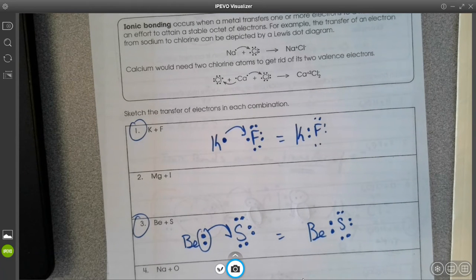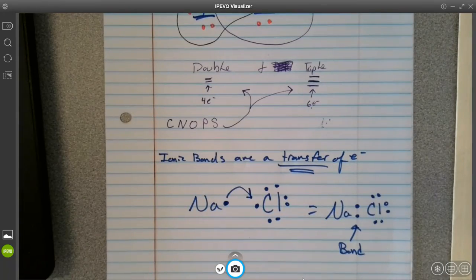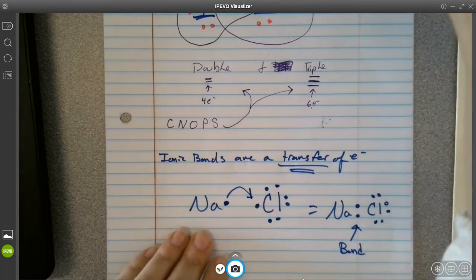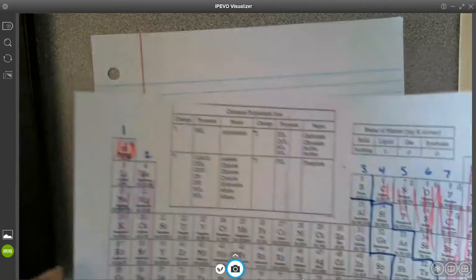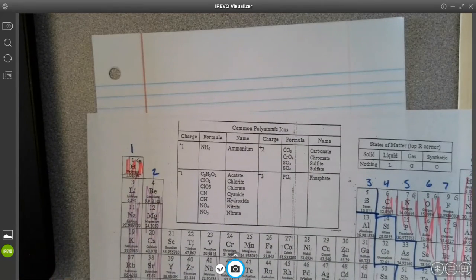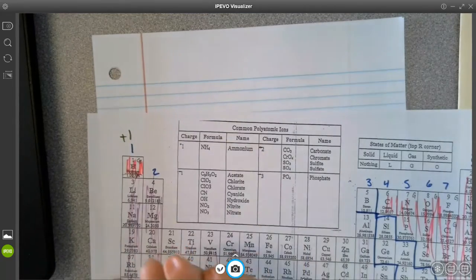So that leads us into our next small topic of charges. Charges are, again, a trend on the periodic table. Whether or not we remember or not, that's a different story. So let's kind of review that one. Family 1 will always have a charge of +1.